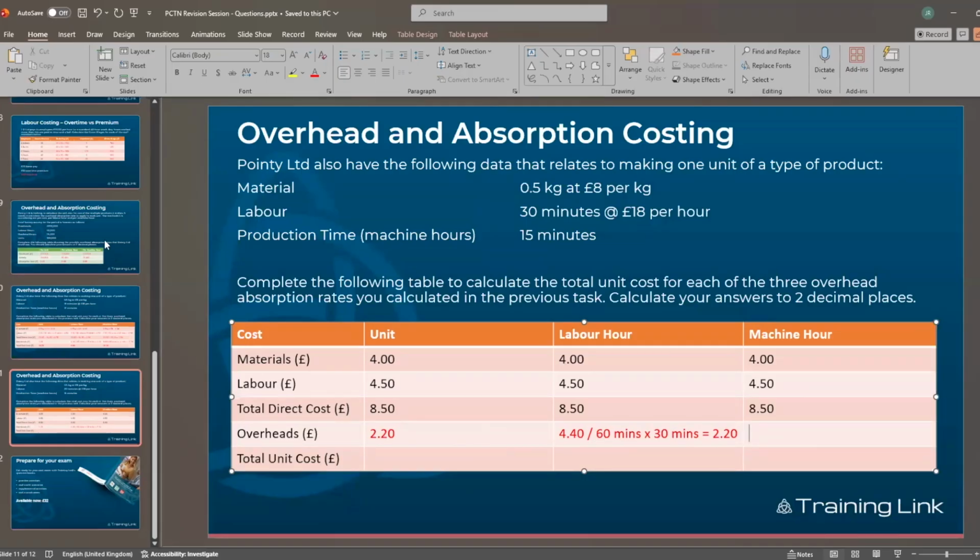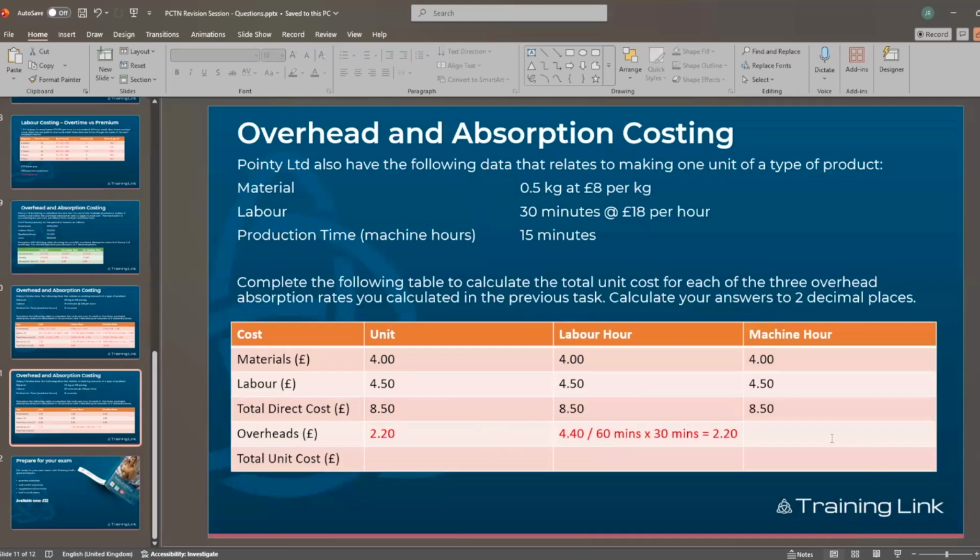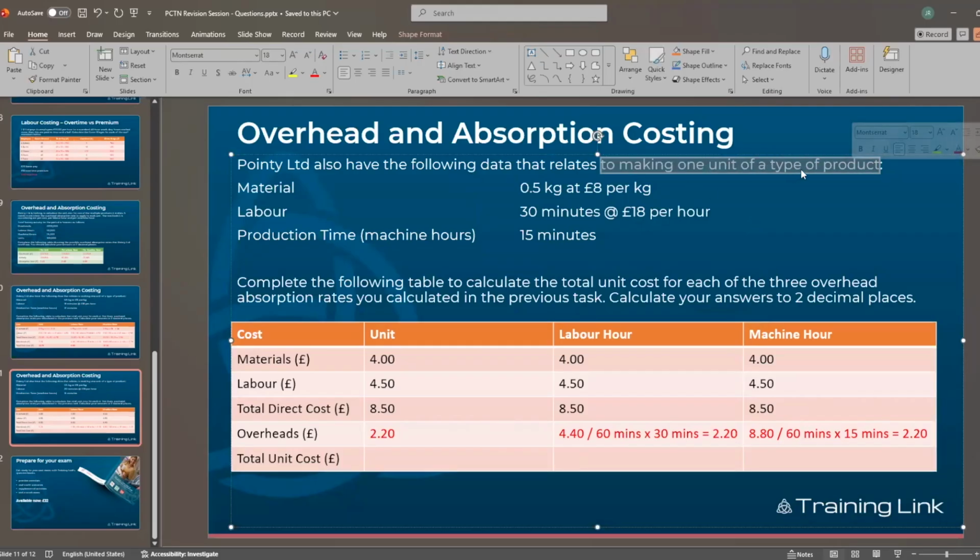And then £8.80 is our absorption rate for machine hour. So £8.80 divided by 60 minutes times 15 minutes this time also gives us £2.20. So for each of these, where we're making one unit of one product, we'll get the same amount.